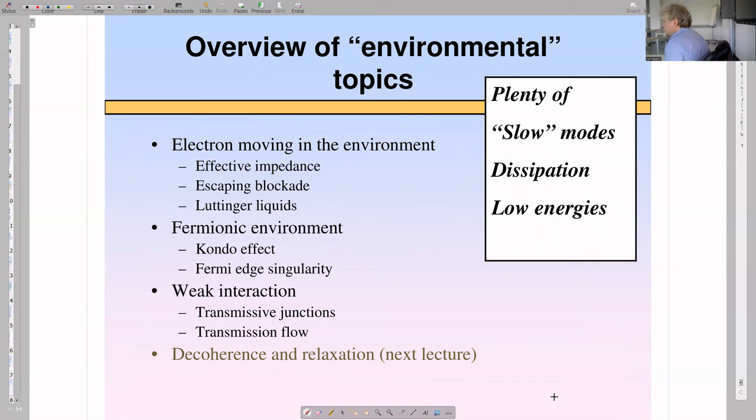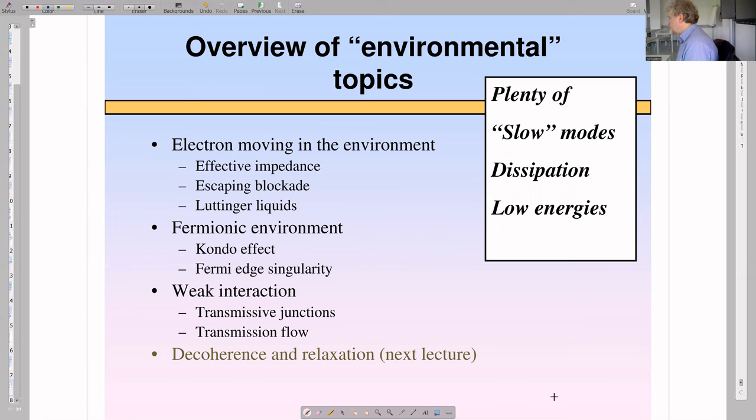Let me just give an overview of all other environmental topics which we have not considered here yet. There are several topics which come about interaction of moving electrons or qubits with environmental modes.